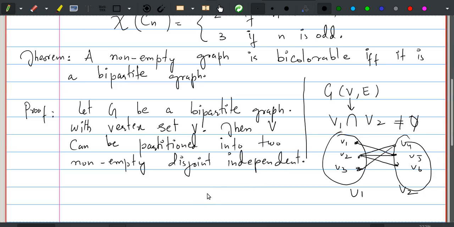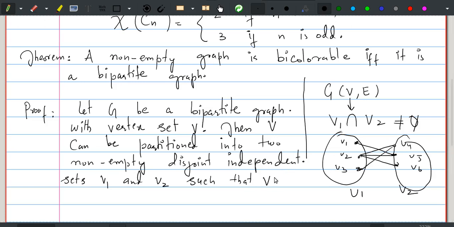I mean there is no edge whose both end vertices are in the same partite set. Into two disjoint independent sets, say V1 and V2, such that V is their union.